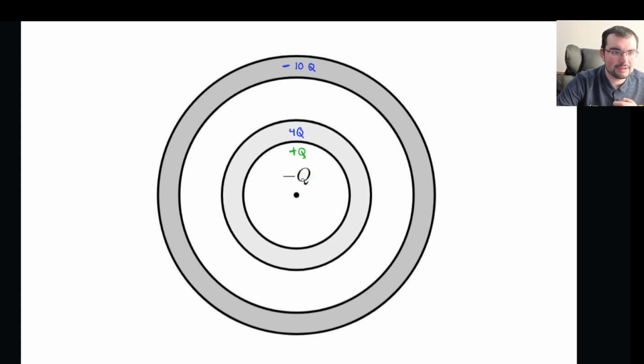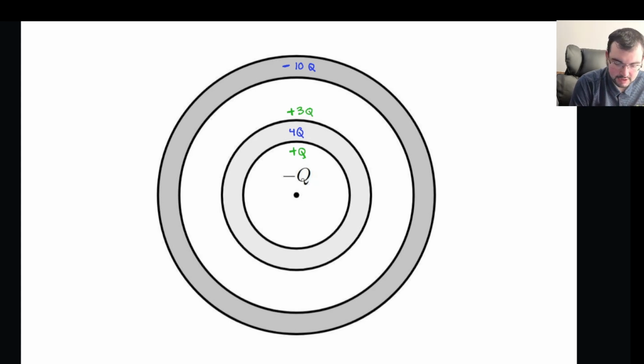Then there's two methods of figuring out what's going on in this first outer surface. The first one is using charge conservation and saying, well, I have 4Q that I could donate between the two surfaces. I have already given one of the 4Qs to the inner, so the other 3Qs must go to the outer.